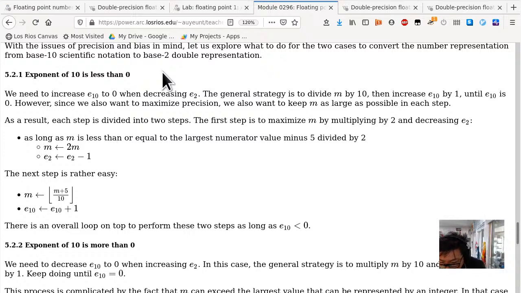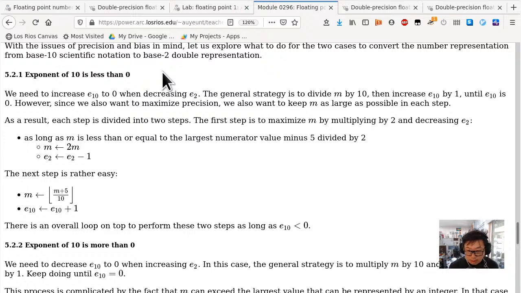Martin has a point here. If we have limited space for the mantissa, then how can we keep looping? Because every time you divide the mantissa by 10, then you got room again for more multiplications by 2.